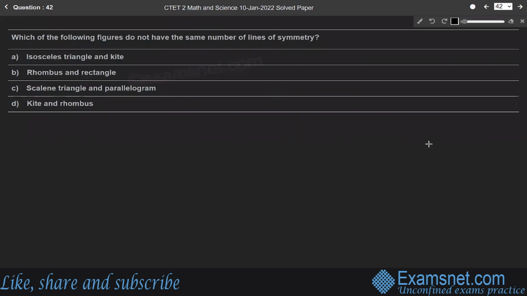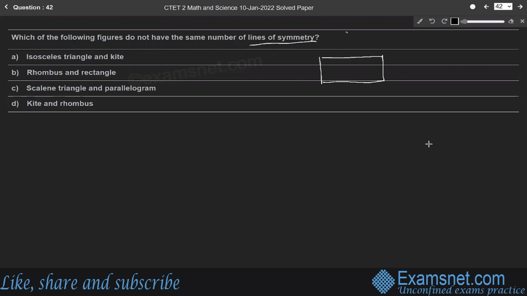Question 42. Which of the following figures do not have the same number of lines of symmetry? So here, a line of symmetry is an imaginary line which passes through the center of the geometrical shape and divides the shape into two equal halves. Consider a rectangle, or any shape you can consider.